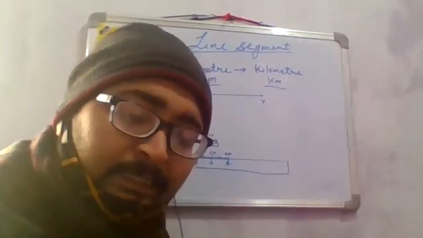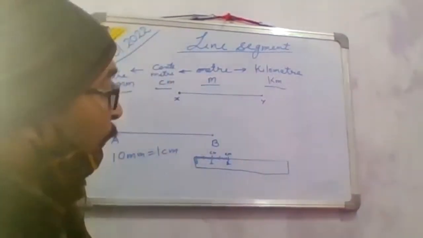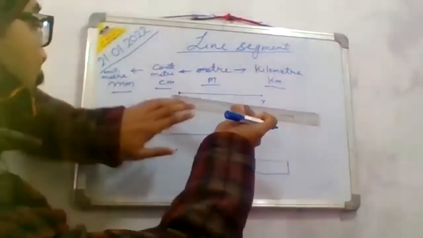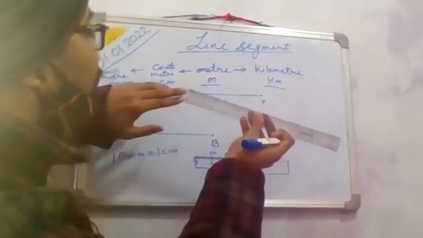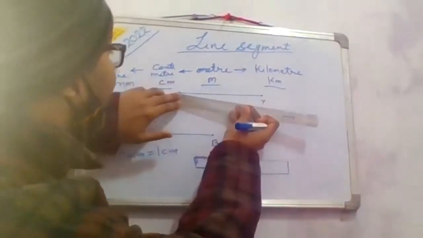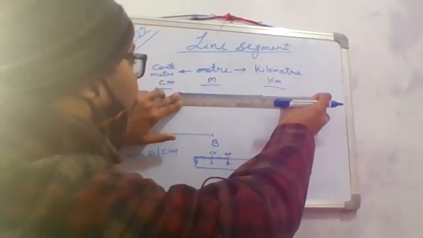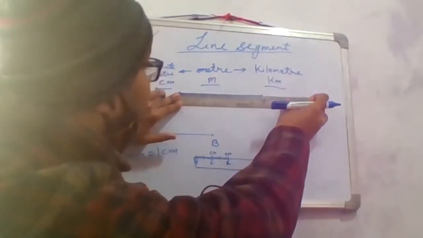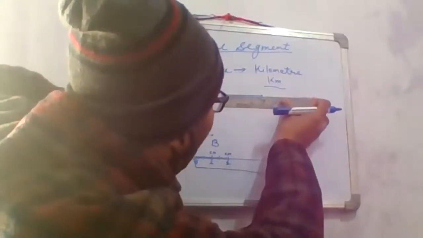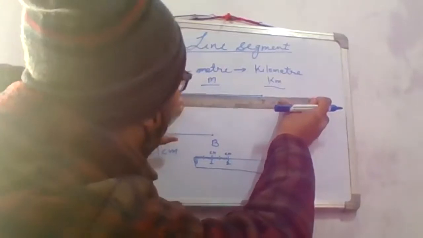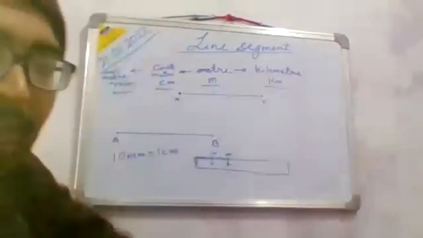So for measuring the line segment, first we have to consider the first line segment. We will put the starting of the scale, the 0 point of this scale, and put this scale in this way and measure. I think it is 19 centimeters.